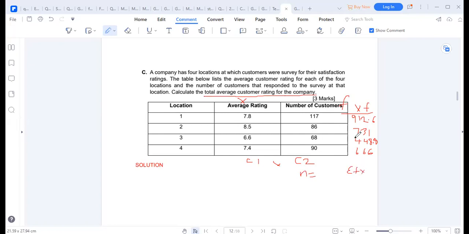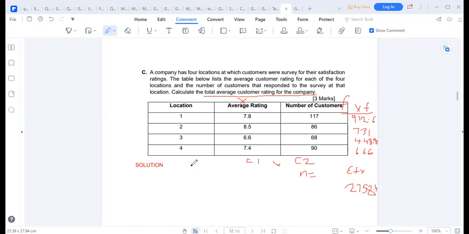Is it always that when you're asked to calculate the average, it means we have to find the mean? Exactly. Average and mean are one and the same. The summation is 2758.4.